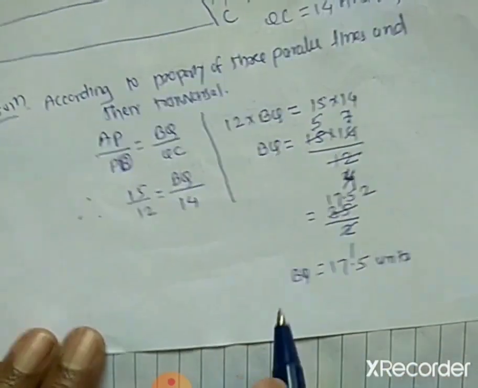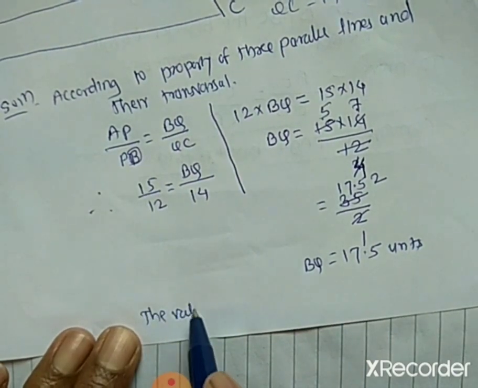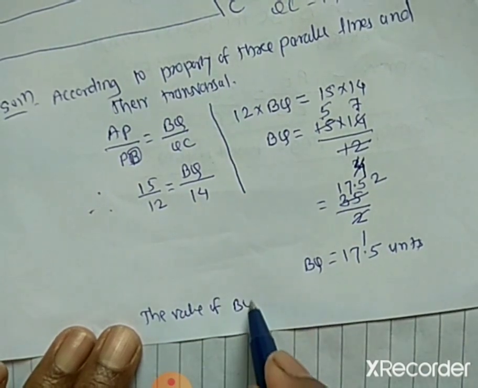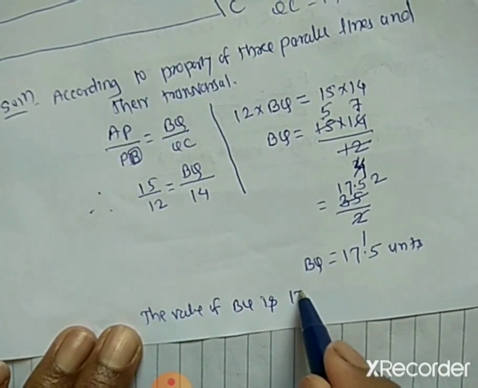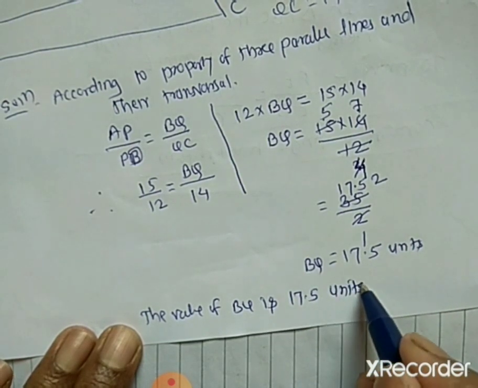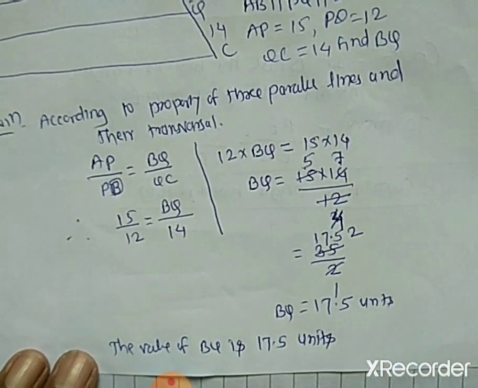Let us complete the answer. The value of BQ is 17.5 units.